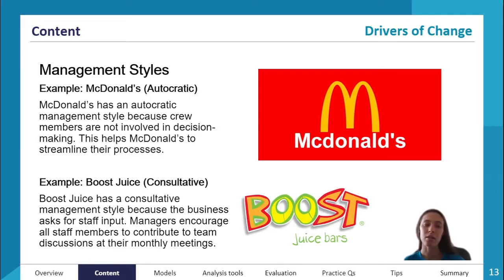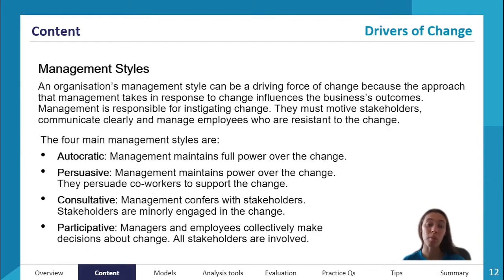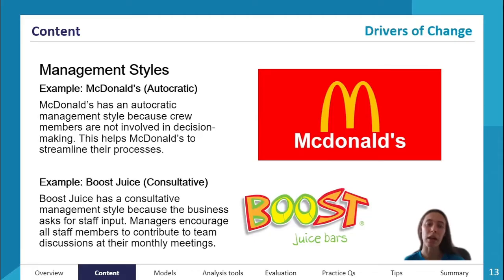So it's going to streamline their process and be a lot easier to make it autocratic. You could say perhaps that there's also a little bit of persuasive, but that maybe doesn't extend all the way down to the crew members right at the front counter serving the different food.